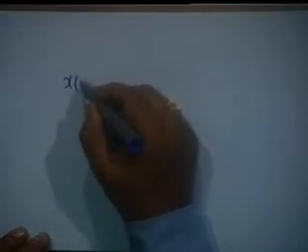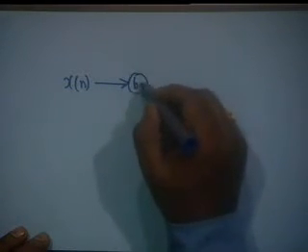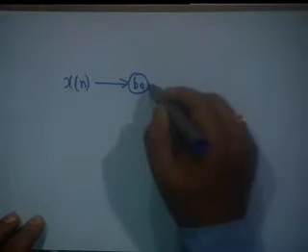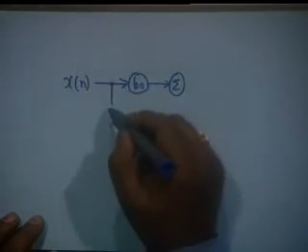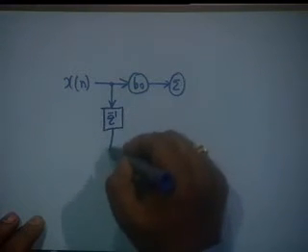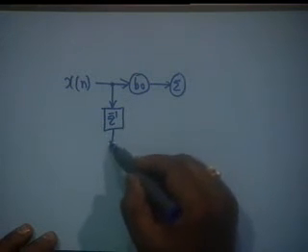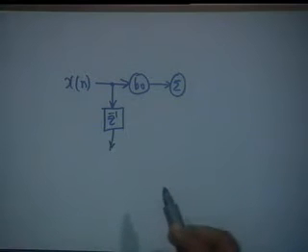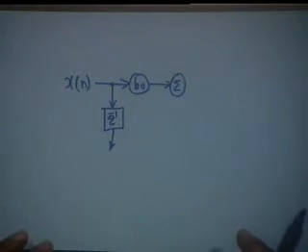Suppose you have an x of n which is scalar multiplied by B0 and added to a delayed version of x of n. If this is x of n, this is x of n minus 1. In such diagrams, you must indicate arrows, because arrows show the direction of flow of this signal.